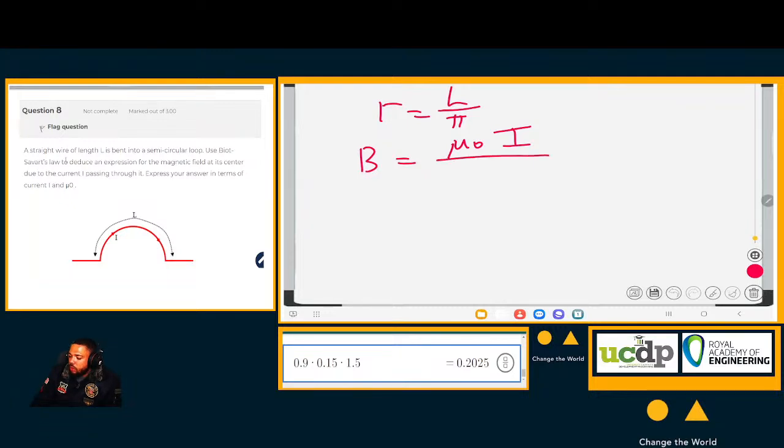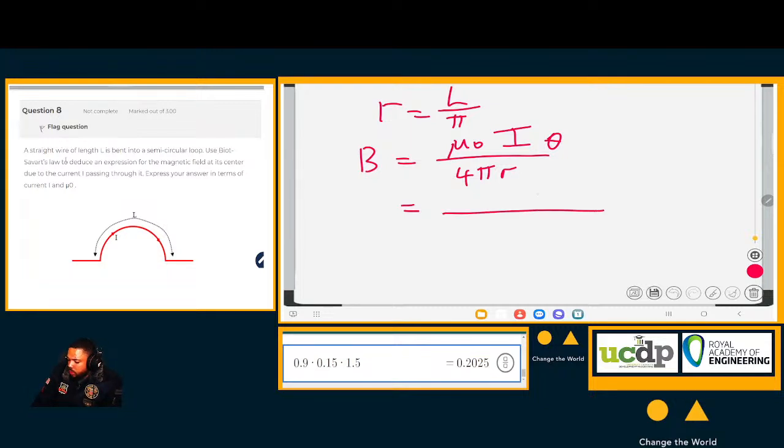So here we have mu naught times I times theta over 4 pi r. This is the Biot-Savart law. Of course, it has a differential and an integral form, but I choose this form. It's easier to work with.